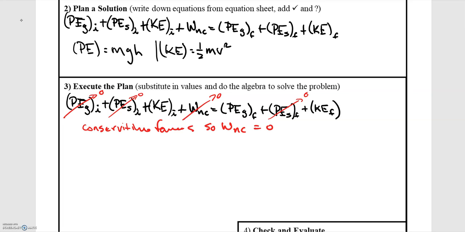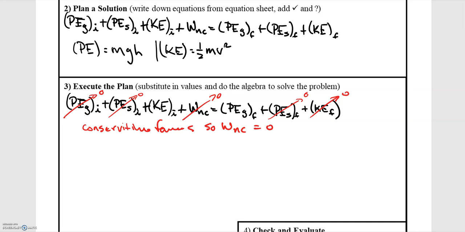The final potential energy is going to be a non-zero value because we're going to be at some height above our baseline point, so we'll keep that. And then the final kinetic energy. We know that at the top, it's a turnaround point, so the velocity is 0. If the velocity is 0, that means it has 0 kinetic energy, so that's going to be 0 for the final kinetic energy.